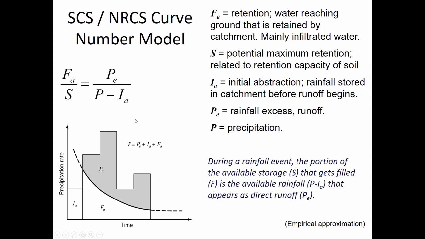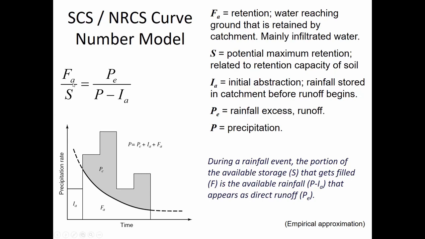Now here is an equation that relates those three quantities. It's saying that the ratio of retention to something that we're going to calculate as storage, the potential maximum retention, S, which we can calculate with a related curve number property. The curve number is related to the land use and the soil type, and there are tables of data that say for certain soil types and certain land uses what the curve number is going to be.